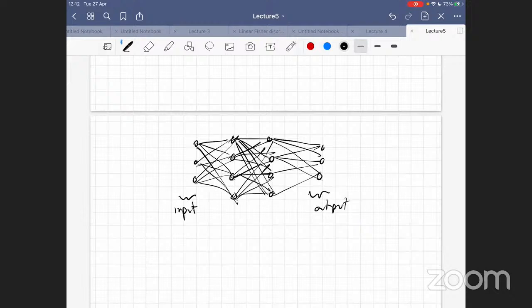So I have my matrix of output, or this is the output of the layer.